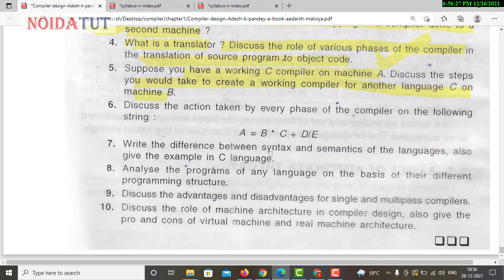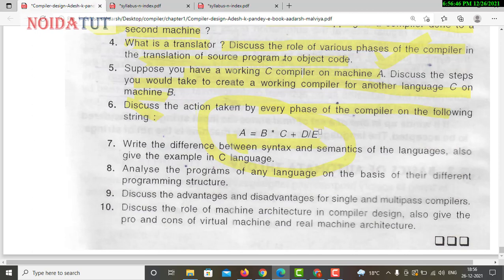Next question. Discuss the action taken by every phase of the compiler for the following string. Now see, in this case what is happening? What is the first step? In the first step it is going to scan each and everything. Scanning is mostly done from left to right.